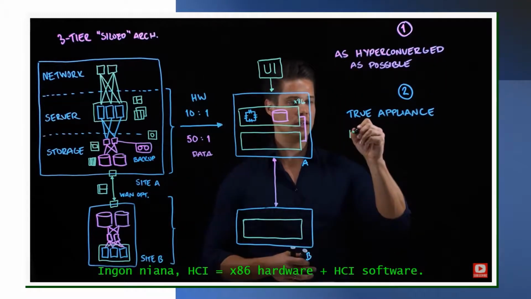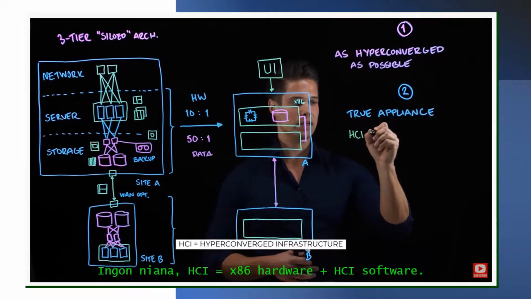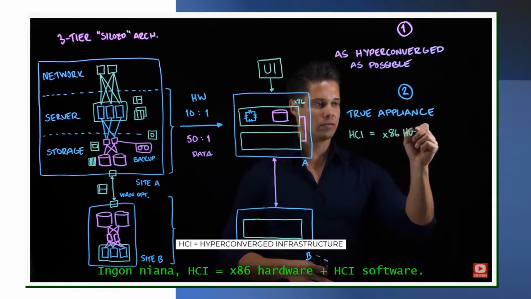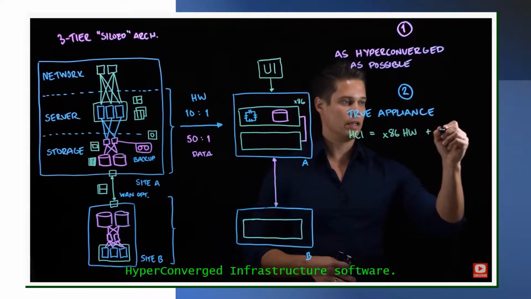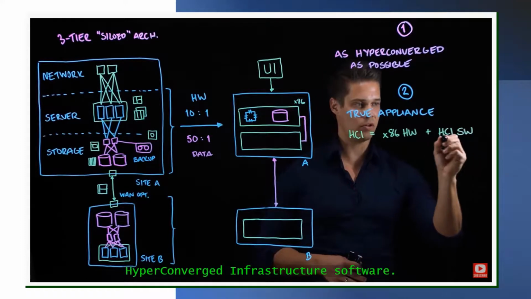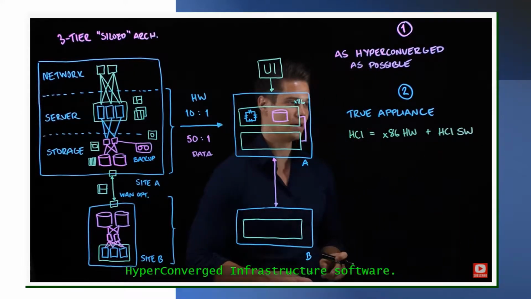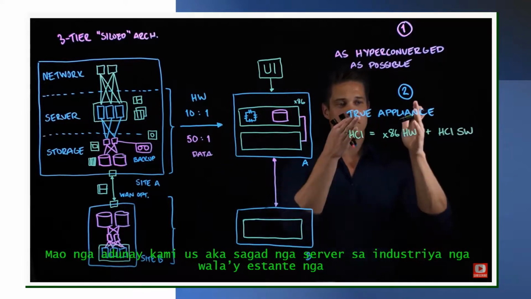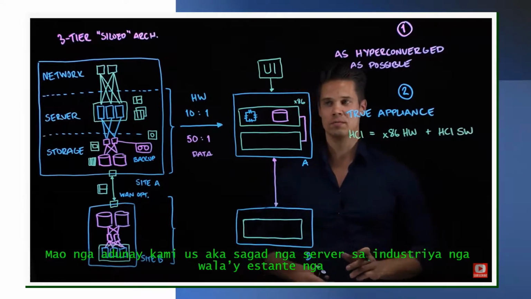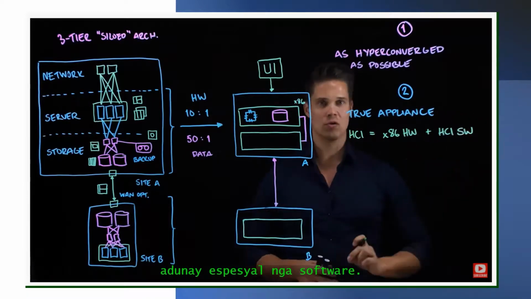So HCI is x86 hardware plus HCI software, hyperconverged infrastructure software. So we have a common off-the-shelf industry standard server with special software.